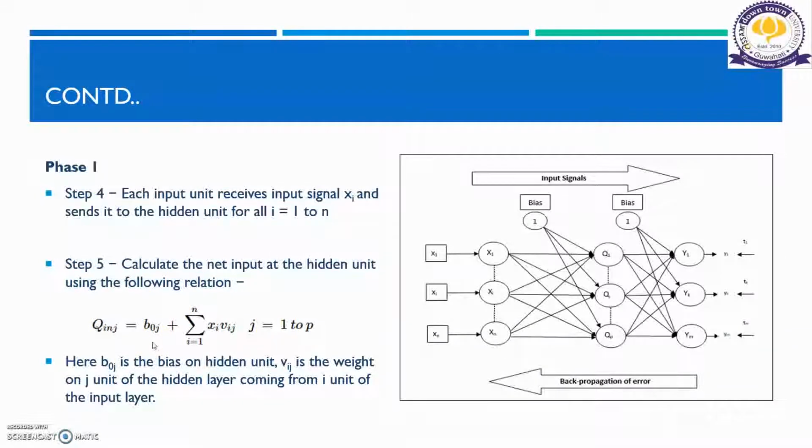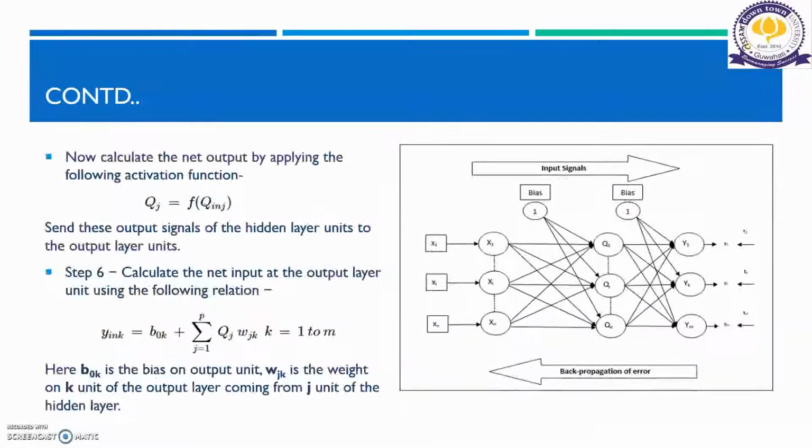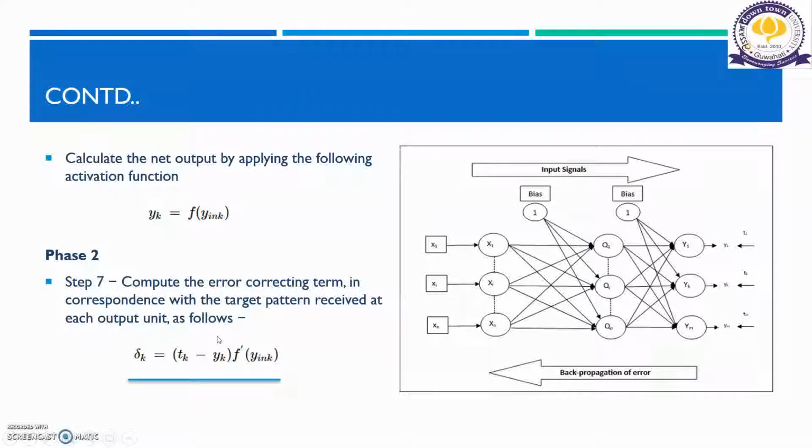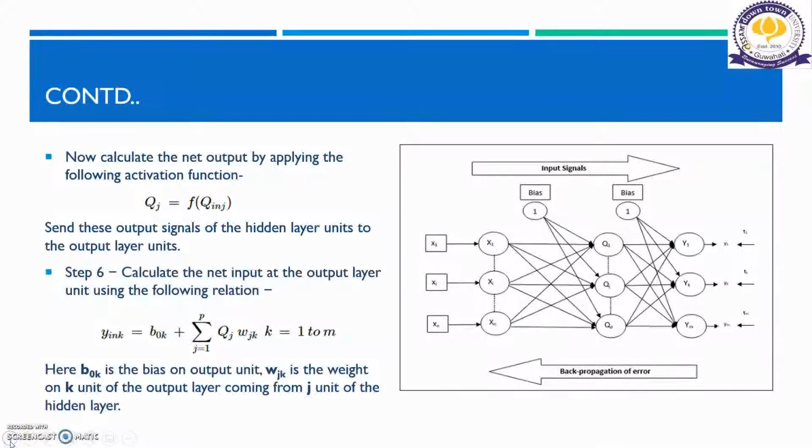b0j is the bias on the hidden units, and vij is the weight on the jth unit of the hidden layer coming from the ith input of the input layer. Here i corresponds to the neurons in the input layer. After calculating the net input, we calculate the net output at the hidden units by applying the activation function.